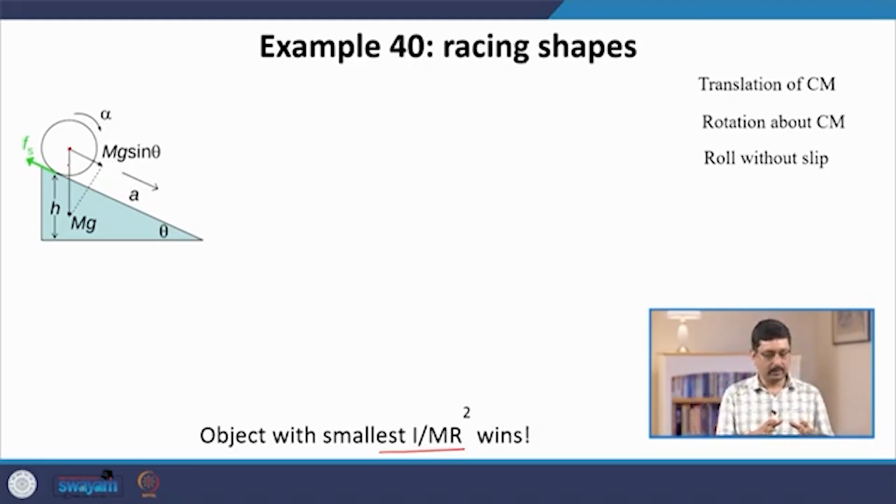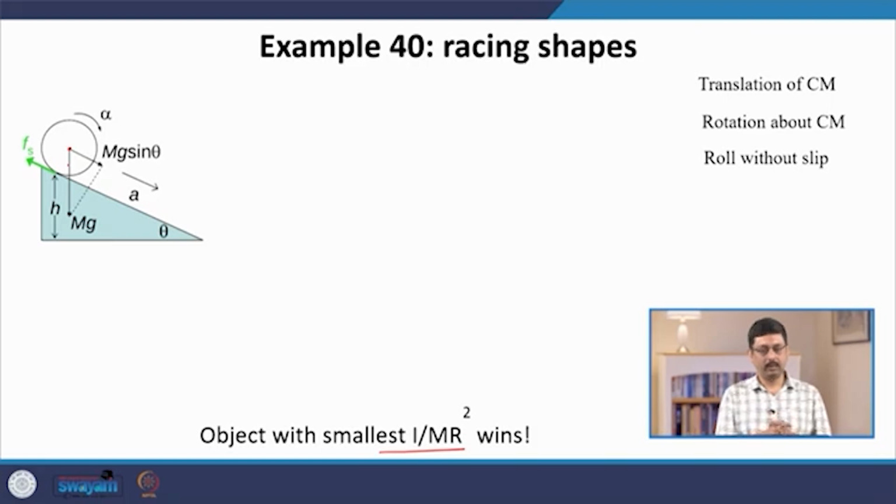In our lab frame there is some translation and also some rotation. So, the motion of the object, the cylinder or sphere, is a combination of translation and rotation.